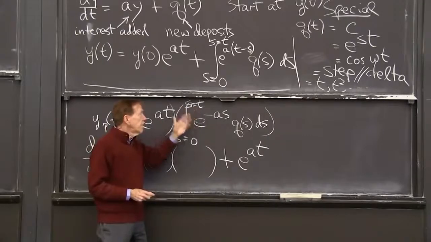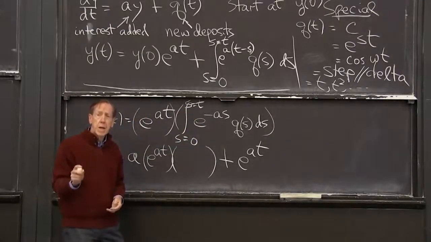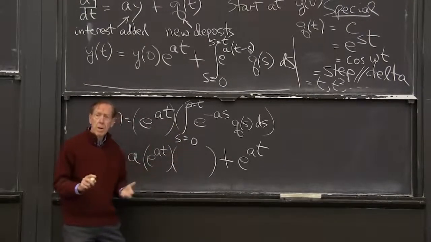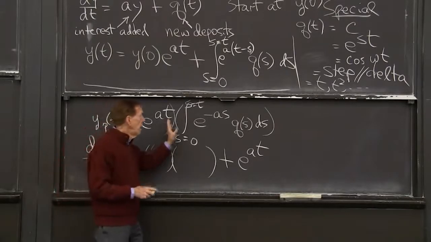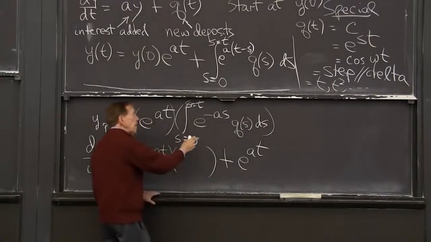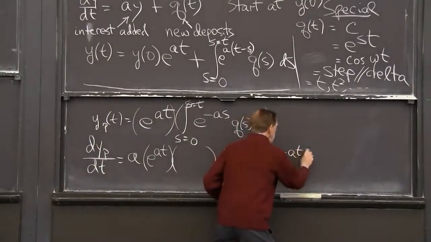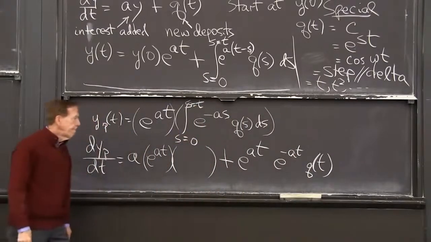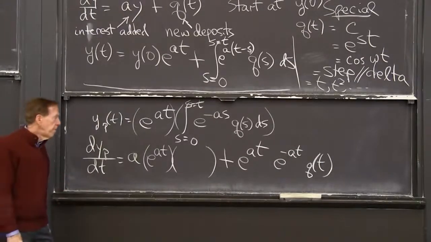It's the integral up to time t of some function. And the fundamental theorem of calculus says that the derivative of the integral is the original function, right? So the derivative of this integral is the original function that we integrated at time t. So it's e to the minus at q of t.